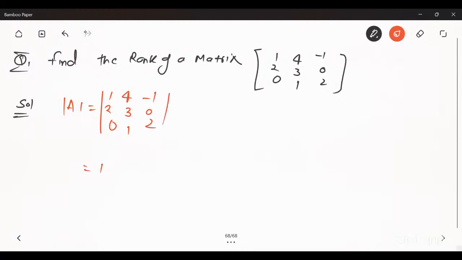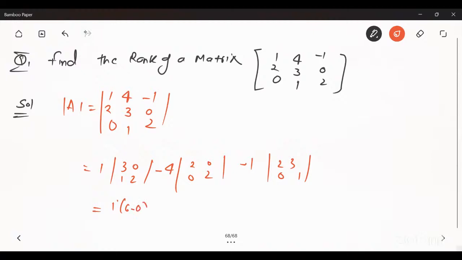So check: 1 times (3 into 2 minus 0), minus 2 times (4 into 2 minus 0)... that is 1 into 6 minus 4 into 4, minus 1 into 2. So 1 into 6 is 6, minus 4 into 4 is 16, and minus 2, so minus 18. 6 minus 18 is minus 12.